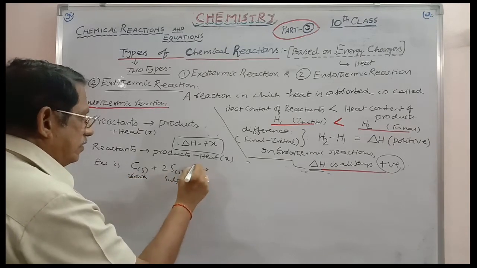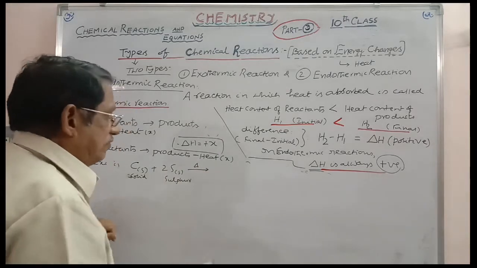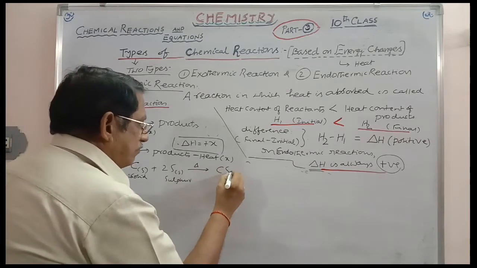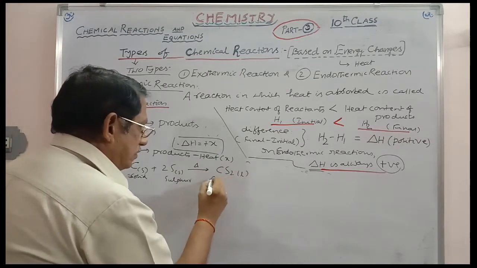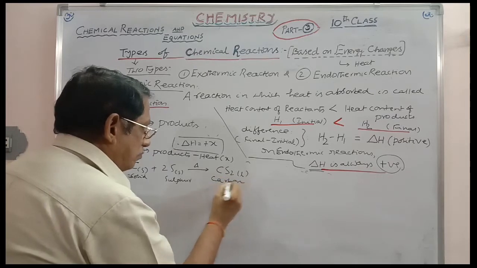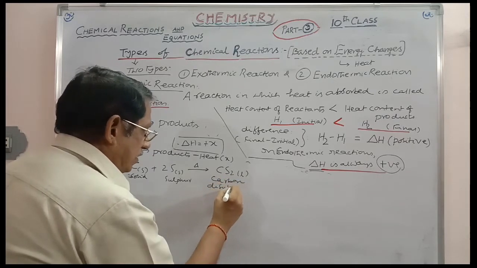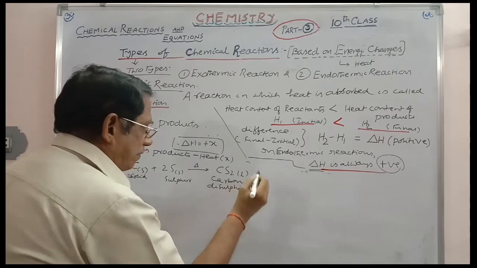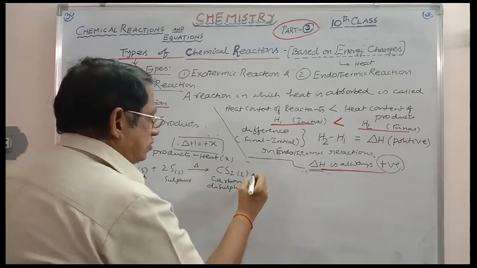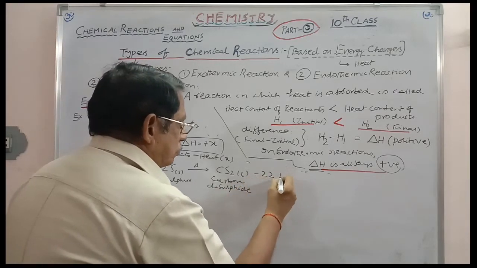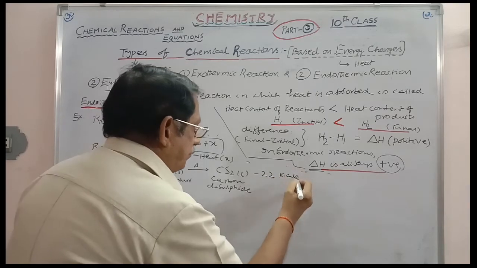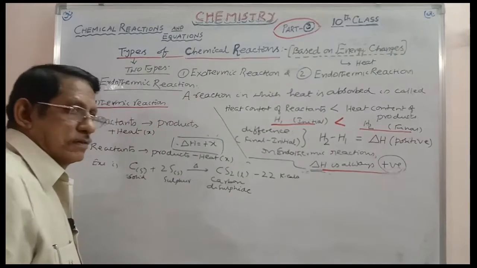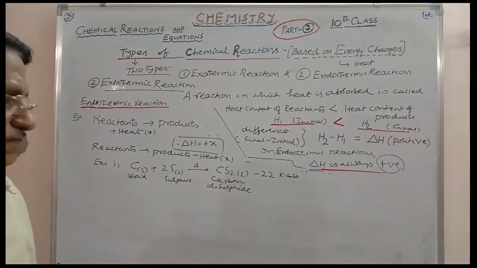When these are heated, it will be converted into carbon disulfide liquid. This is what you call carbon disulfide. And in this case, minus 22 kilocalories. Or minus Q you can write.